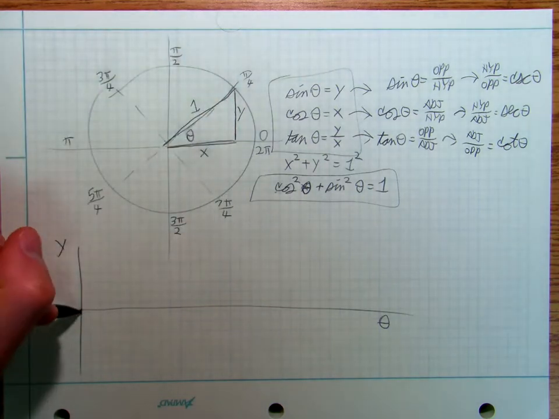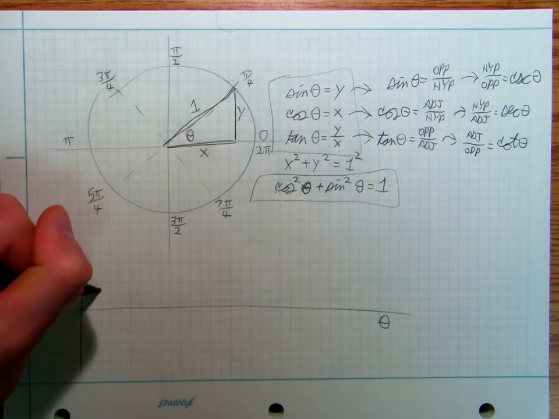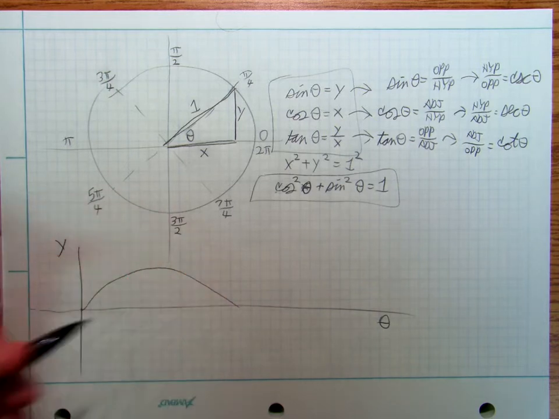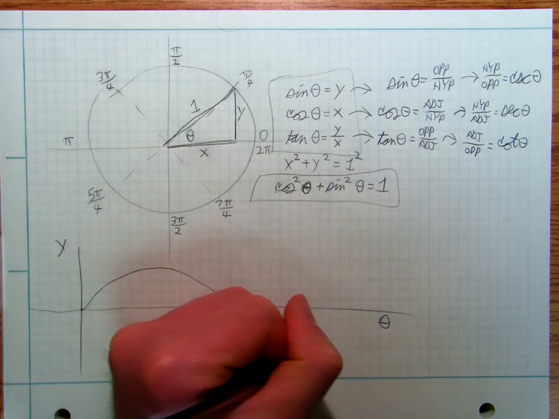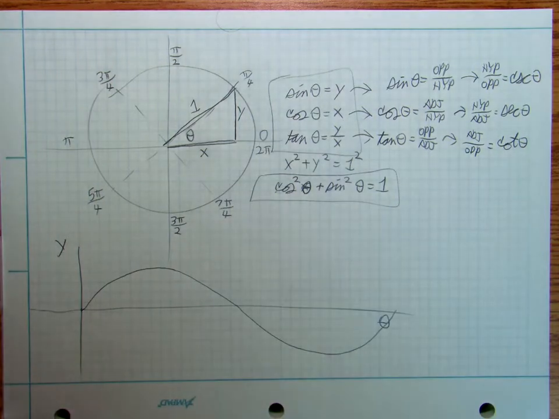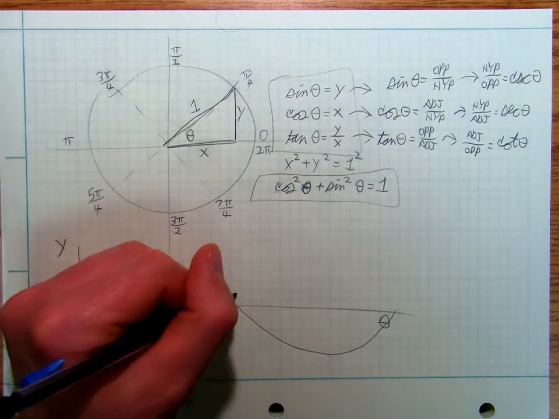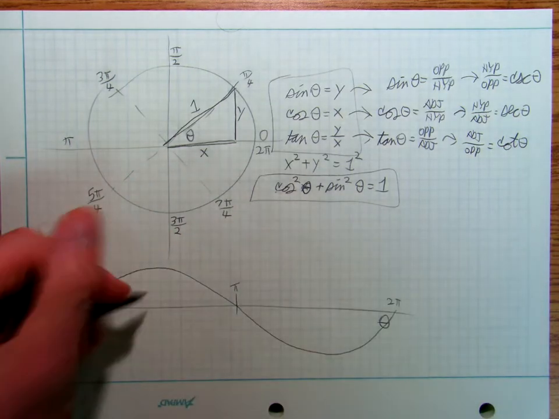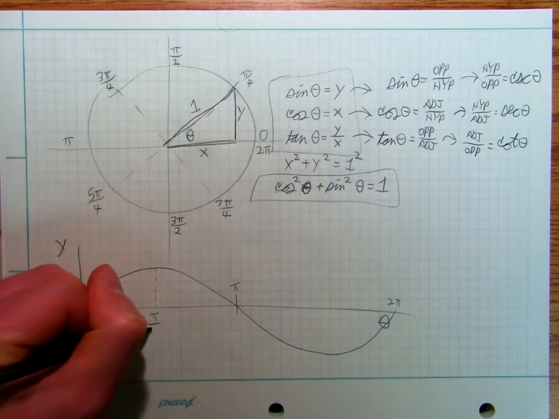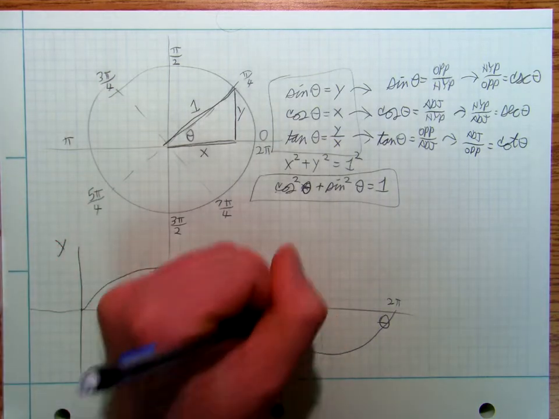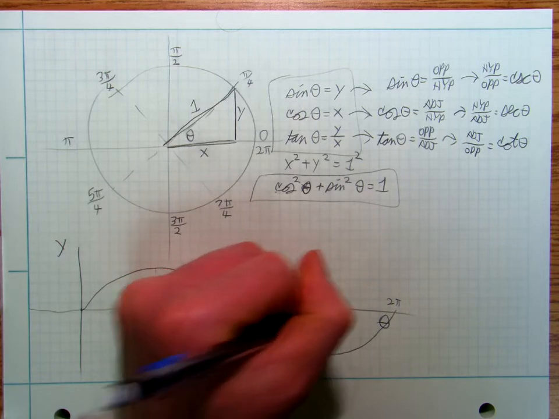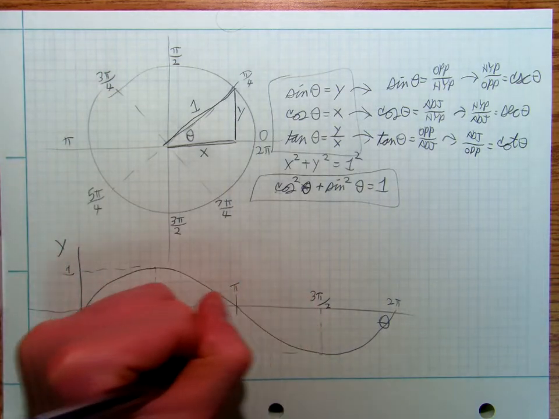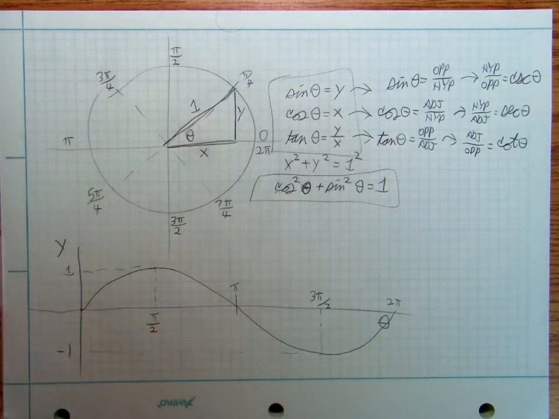So y is going to go up as theta is going up, but then it's going to go up more slowly. Then it's going to go back to 0, and then it's going to go down like that. And so that's going to be pi, that's going to be 2 pi, that's going to be pi over 2, that's going to be 3 pi over 2, and this value here is going to be 1, and that value there is going to be negative 1.